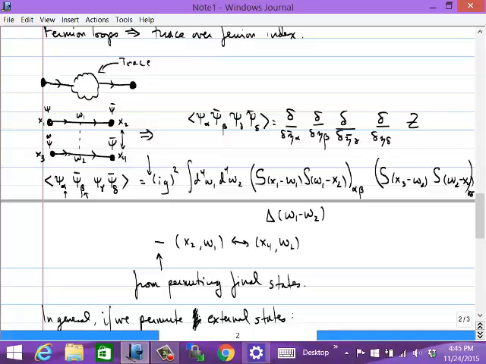Why is it? Well, in momentum space, that's going to describe the scattering of two of these spinors off of one another. And the sign of that amplitude is the thing that tells you whether it's an attractive force or a repulsive force. So that's something that would be important if you want to try and understand physically how this Yukawa theory is a model of the strong nuclear force.